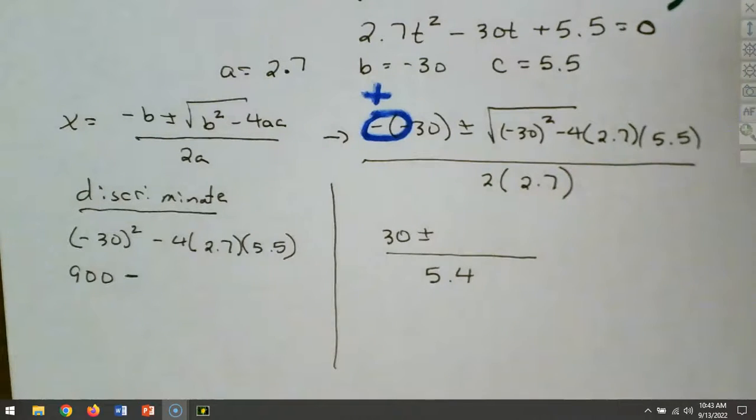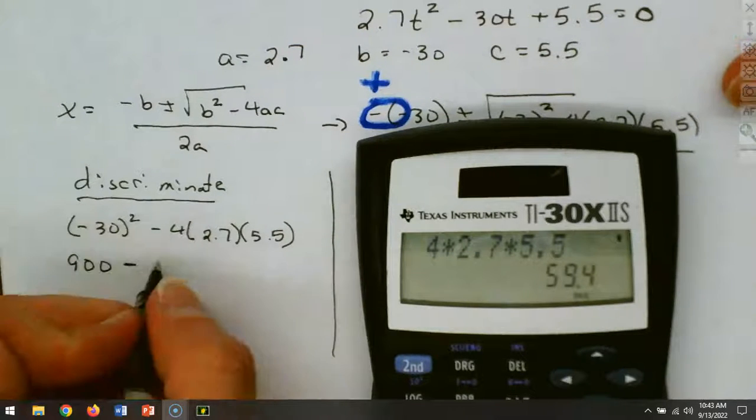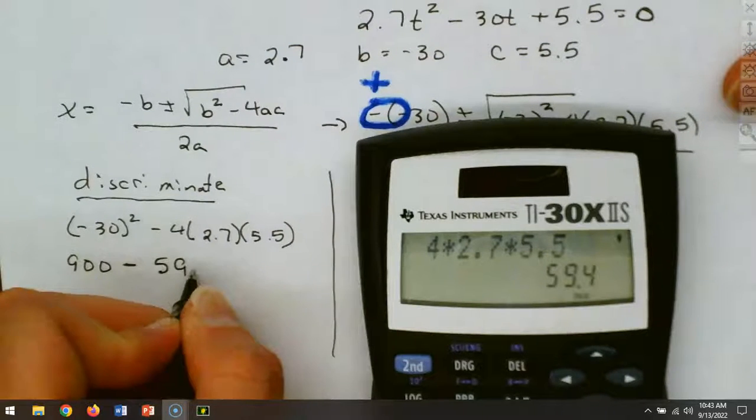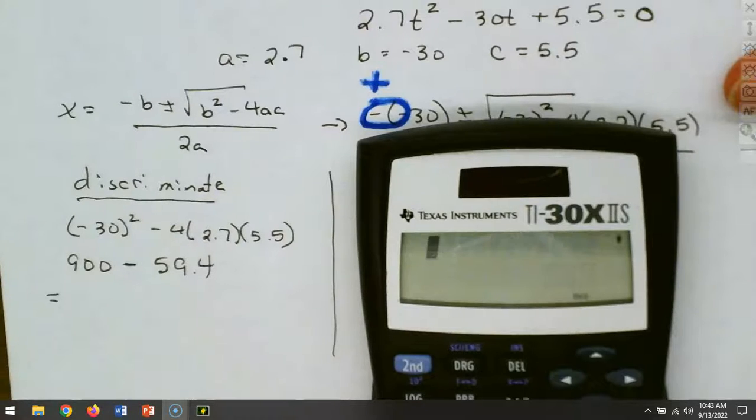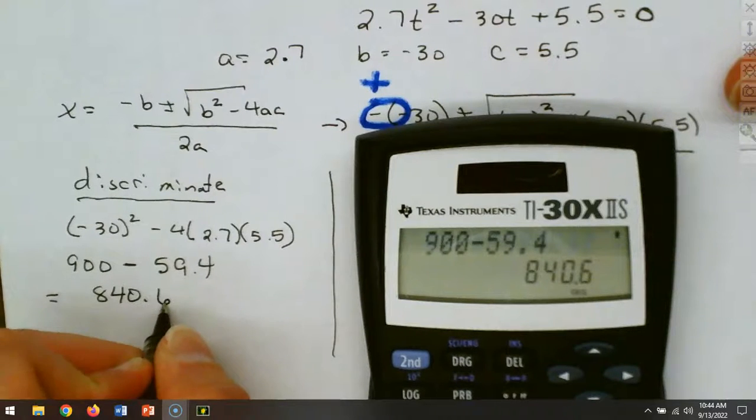When we use our calculator here, we're just multiplying those out for this part. We know it's going to be negative, and that is 59.4. 900 now, minus that 59.4, that leaves you with 840.6.